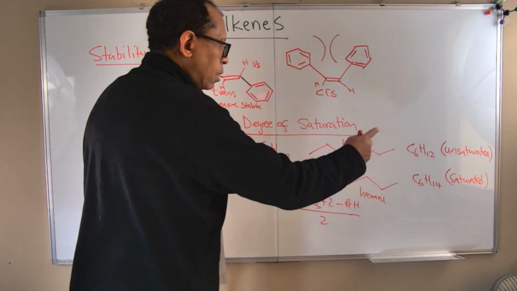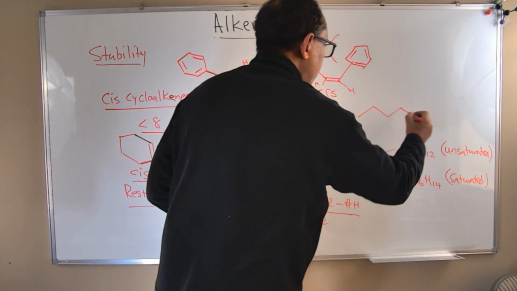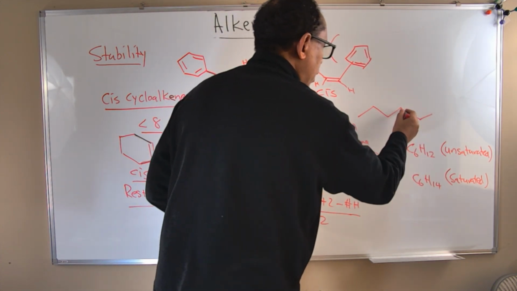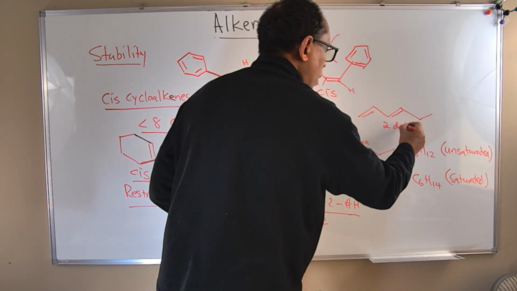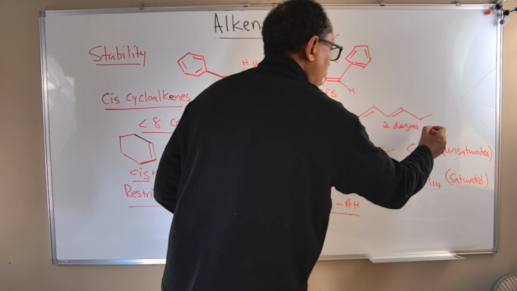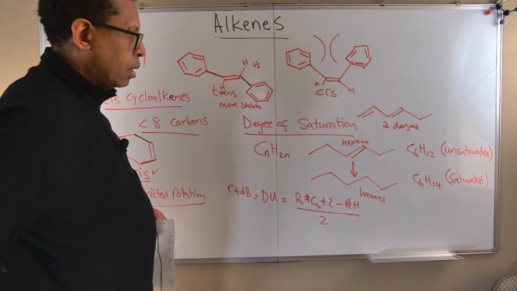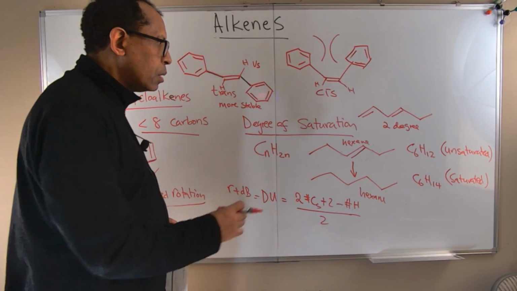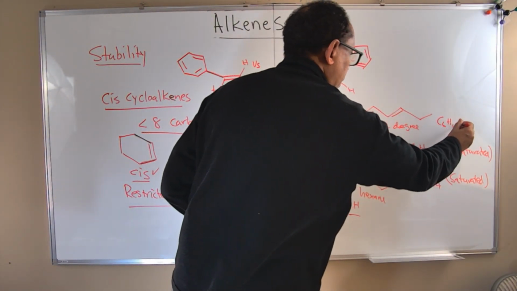If you have another double bond, for example if you add one more in the cyclohexene like this, there are 2 degrees of unsaturation, 2 unsaturated double bonds. Those are conjugated double bonds. The formula for this would be C6H10.